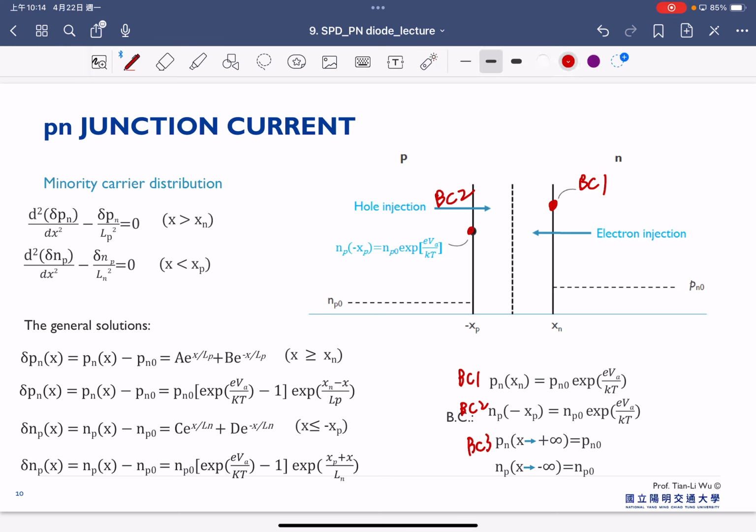So that's boundary condition 3. And finally, we have boundary condition 4 here. So we have these 4 boundary conditions, and we try to solve these general solutions.